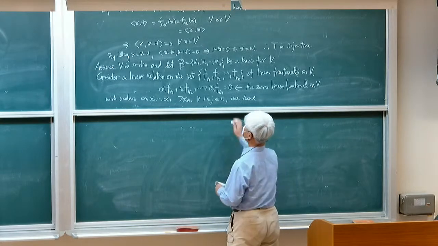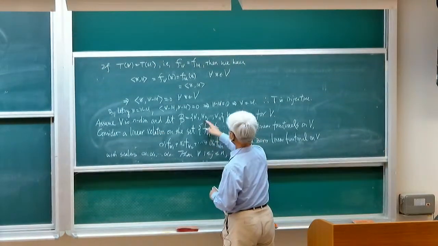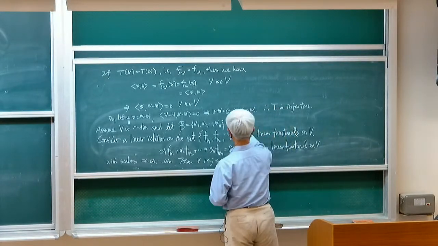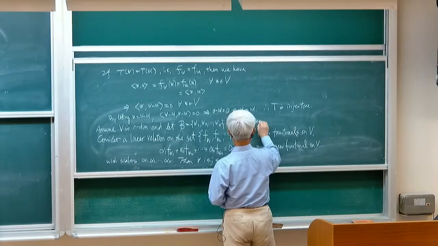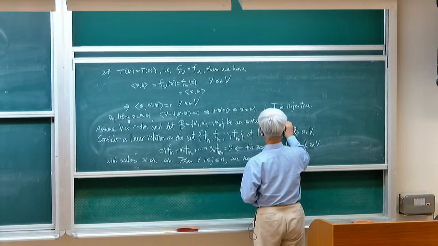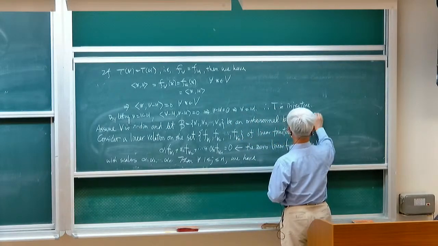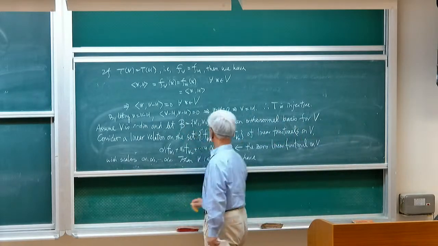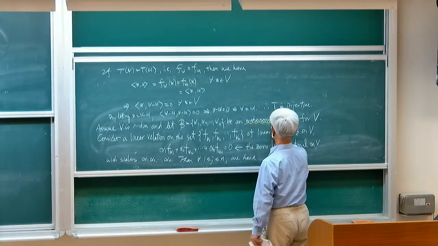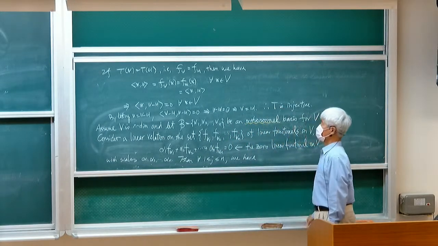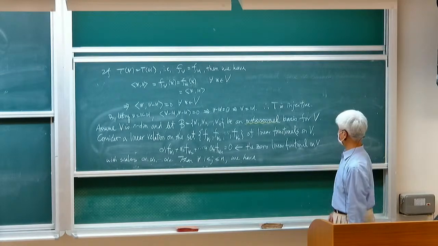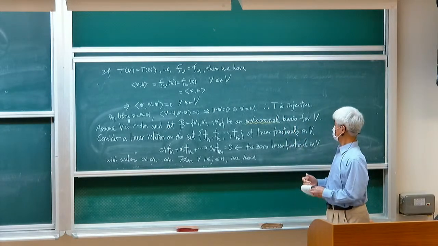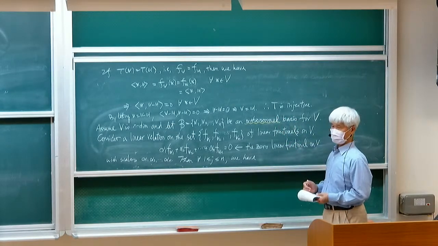Oh, by the way, I'm sorry. Not just a basis, B_n should also be an orthonormal basis of V. So we take the orthonormal basis, because V has an inner product structure, so we can have a stronger basis, which is an orthonormal basis.